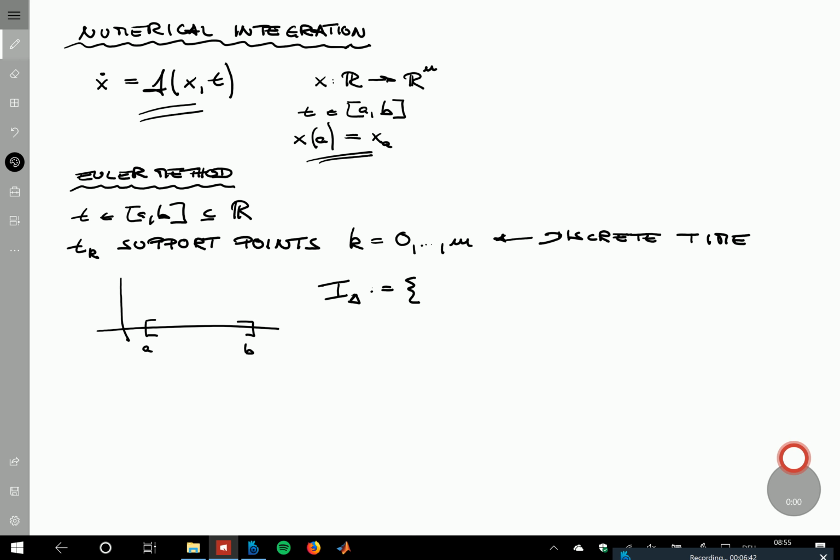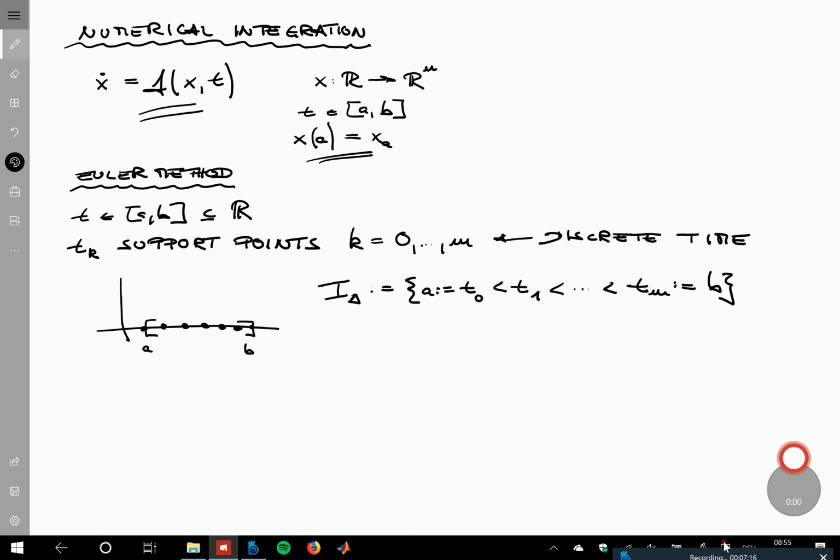So the discrete interval is given by t0, which is defined as a, and then the next time point is t1, and then the last time point is tm, which is defined as b. So this is the support set. What this means, or how you can imagine that, is that you have discrete time points in here.